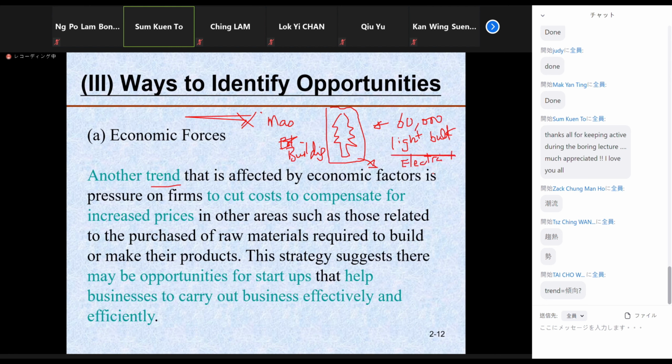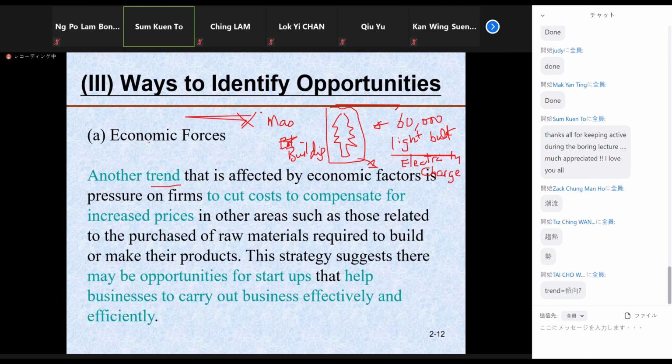In the past, the companies like New World Group, Sun Hung Kai, they earned big money, no problem. 60,000 light bulbs and electricity, I can pay for that. However, when the economy becomes worse, but I still want to have the decoration lighting because it represents, you know, our company. So what do we do?